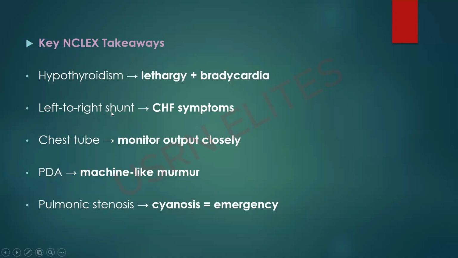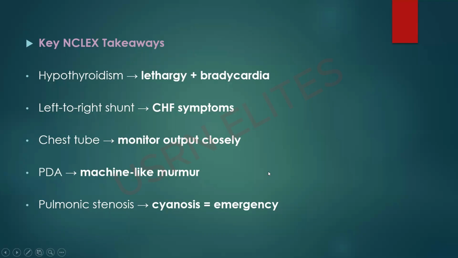I hope you remember we said right to left shunting causes cyanosis, but left to right shunt does not cause cyanosis, right? And most of the right to left shunts, you remember the T's, the troubles, the ones we talked about the last time we met.